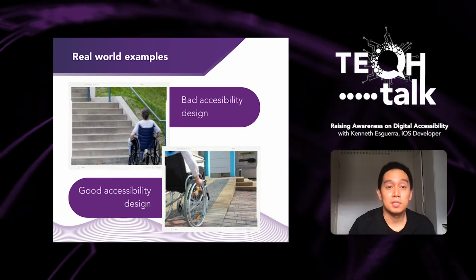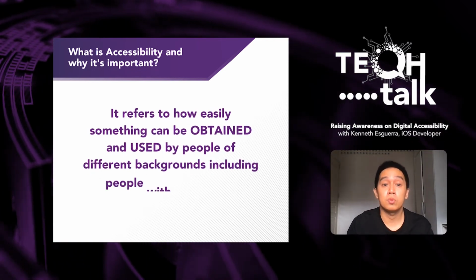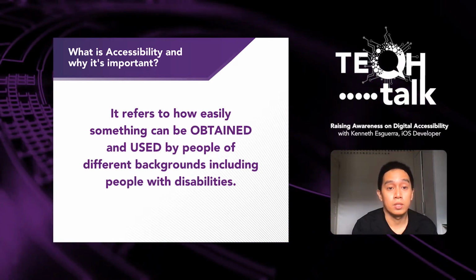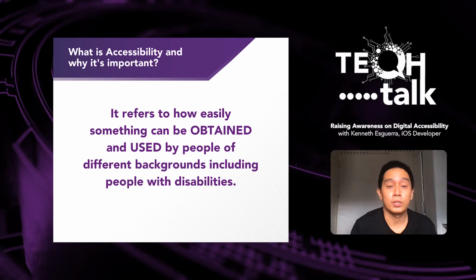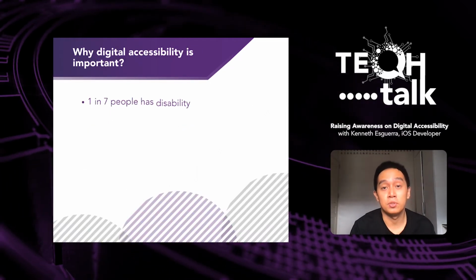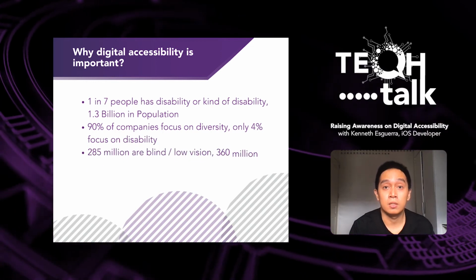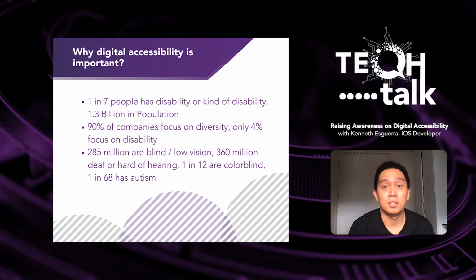So what is accessibility and why is it important? Accessibility pertains to how easy, how obtainable, how usable a product is, such as a mobile app or digital product. It is important not because of the revenue or income we are going to get from targeting these people. It is important because it is the right thing to do as a human being.